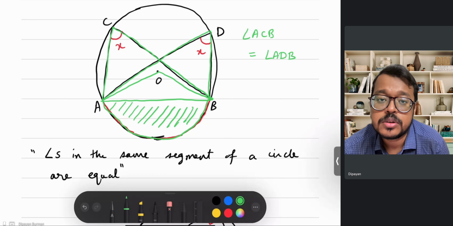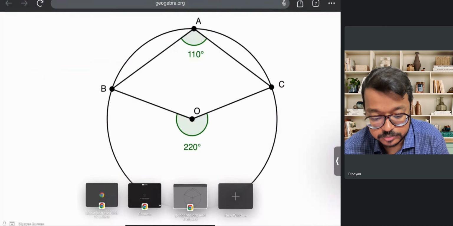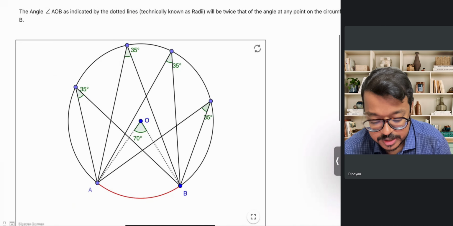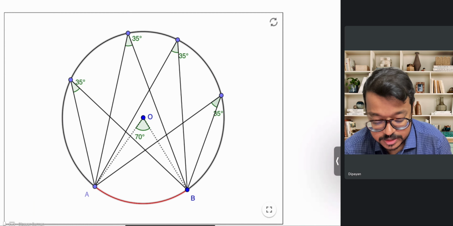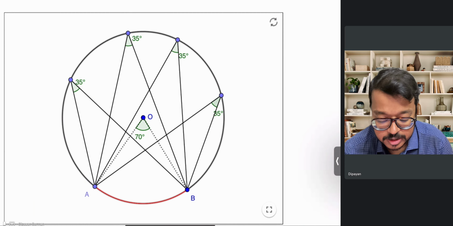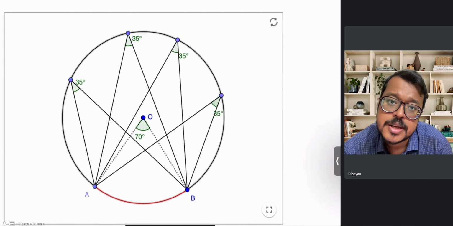So let's look at the animation once. Let's say in this situation, I have arc AB subtending a 35 degree angle at different points in the circle. If I increase the length of arc AB, the angle subtended will also increase.